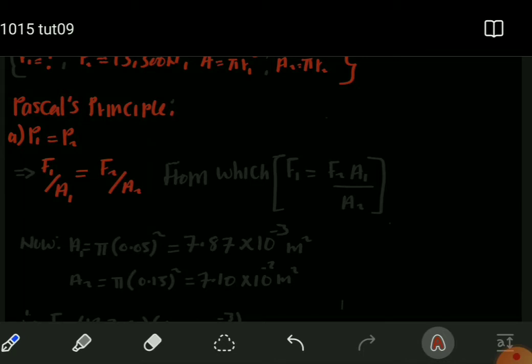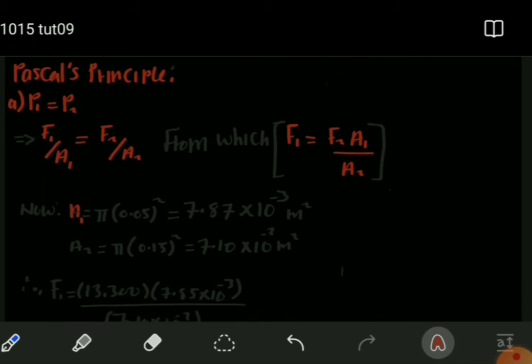If we find an expression for F1, because that is what we are looking for, we get F1 equals F2 times A1 divided by A2. We know F2, which is the weight of the vehicle, and we also know the surface area for the left cylinder, which is the smaller one, and for the right cylinder, which is the bigger one.